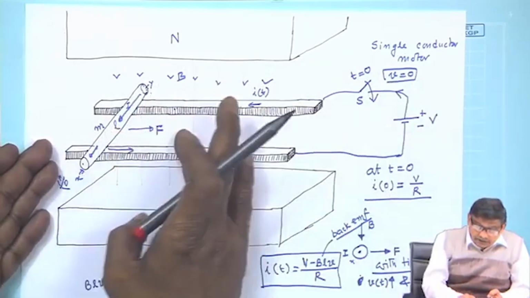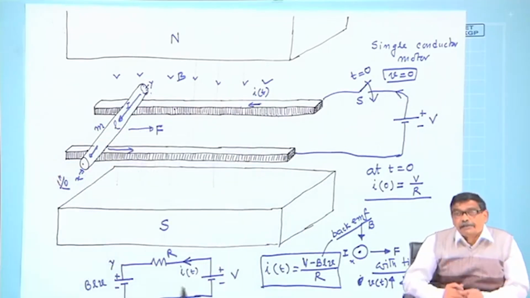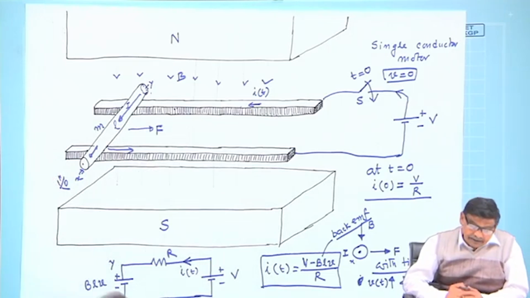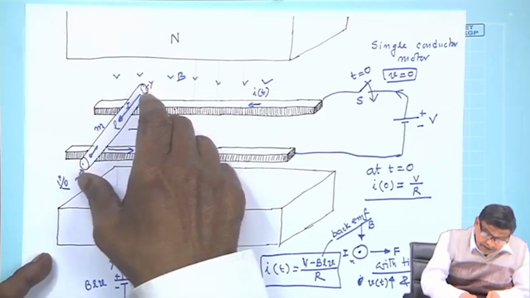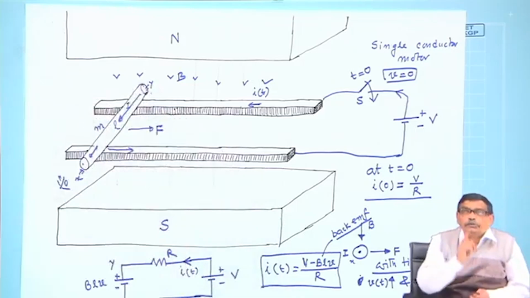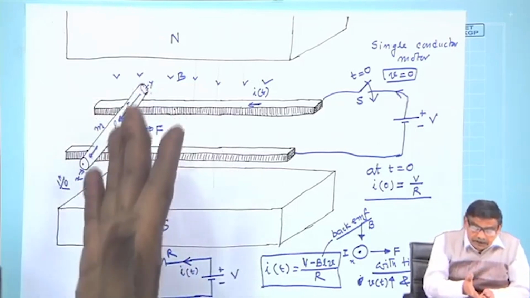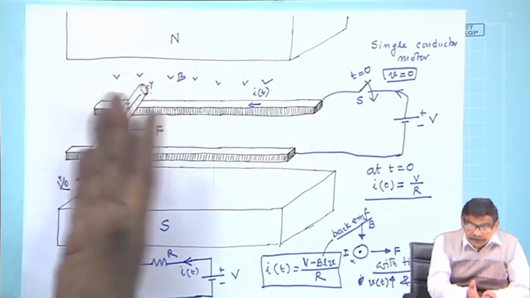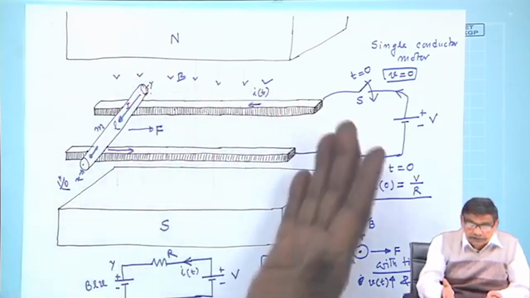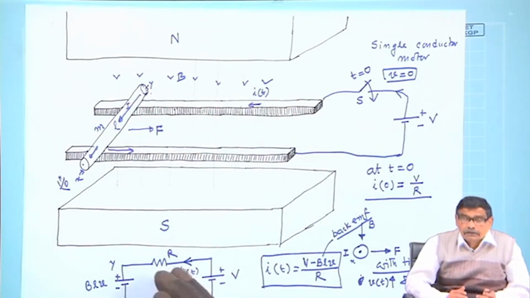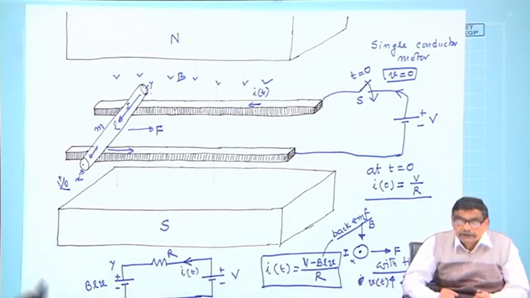The moment conductor starts moving, Fleming's right hand rule will demand that between the point x and y there must be a voltage, because here is a conductor which is moving with a velocity v, no matter how it acquired that velocity.